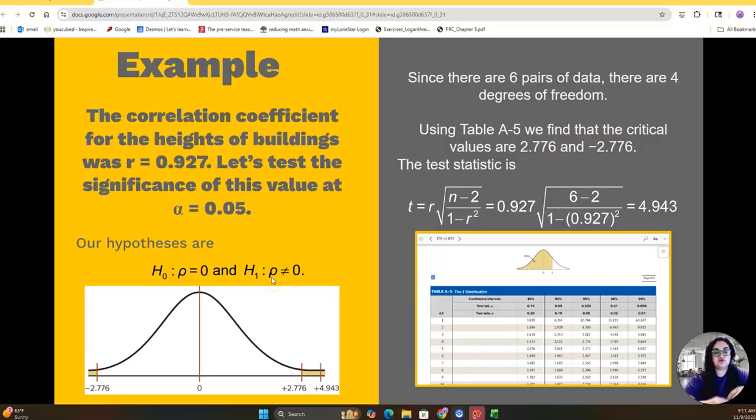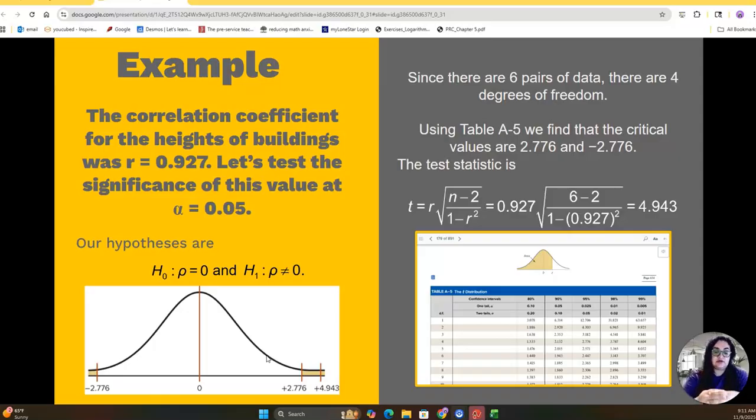We made a decision rule by setting up a rejection region. That's the shaded area. If our number fell within the non-shaded region, in this 95% of the bell curve, we would accept that there's no correlation.